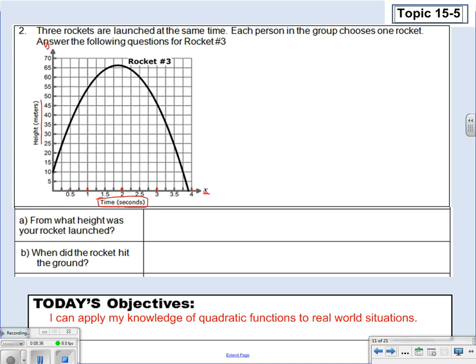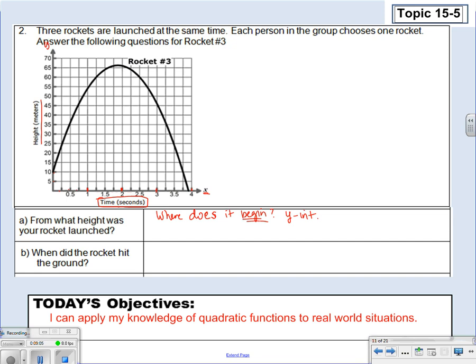Our first question, from what height was the rocket launched? So really this is asking, where does the rocket begin? In all our previous topics, when we talk about the beginning, we're talking about the y-intercept. The same is true for this scenario.